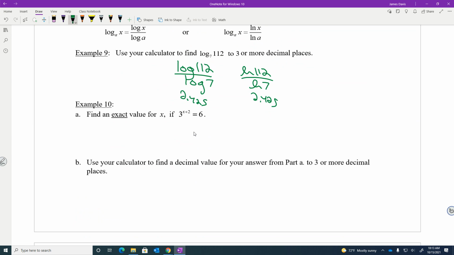Find an exact value for x if 3 to the x plus 2 equals 6. Anybody know how to do this?